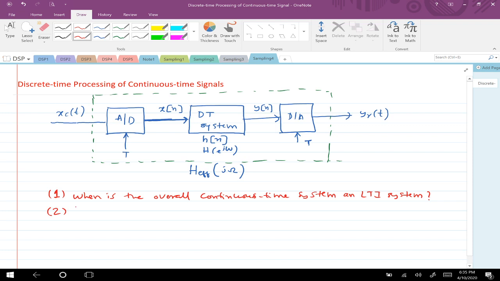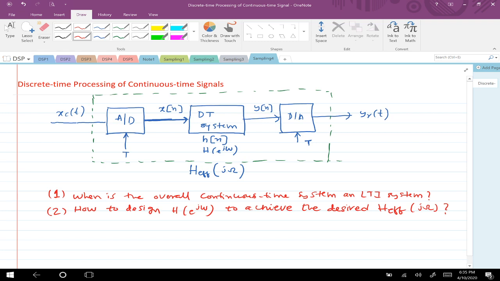And then another, equally important question: how to design your h of e power j omega to achieve the desired h effective of j omega.